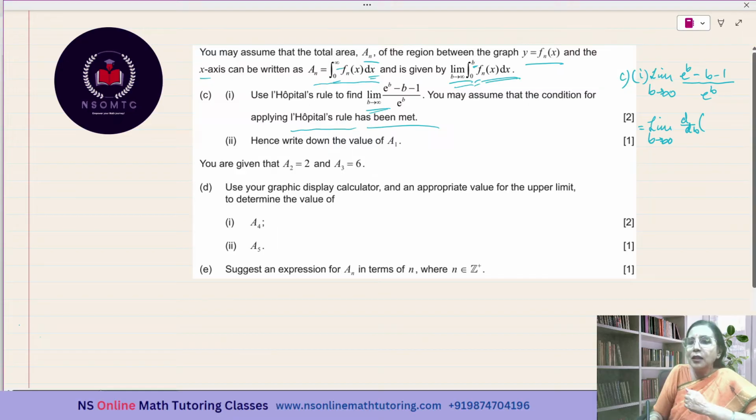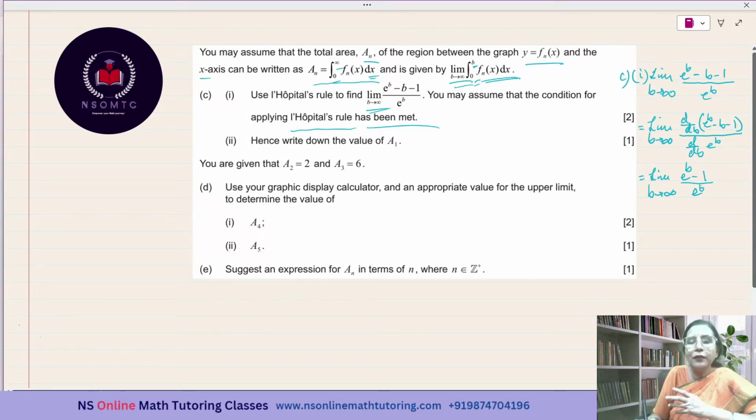So it is e to the power of b minus 1 over derivative with respect to b of e to the power of b. So this is equal to limit b tends to infinity, and derivative of e to the power of b will be e to the power of b, and derivative of minus b with respect to b, of course, will be equal to minus 1, and this is the constant term minus 1, so its derivative is 0. So this is the numerator, and the denominator is e to the power of b.